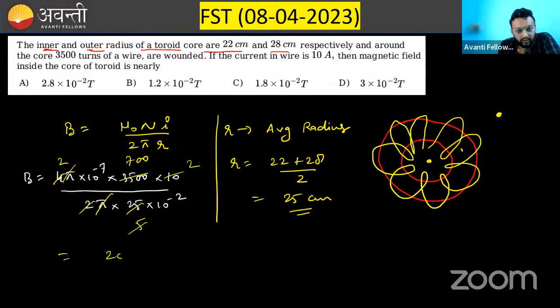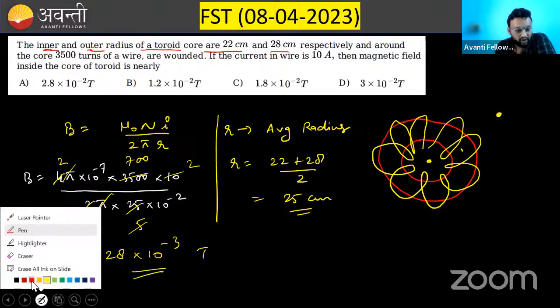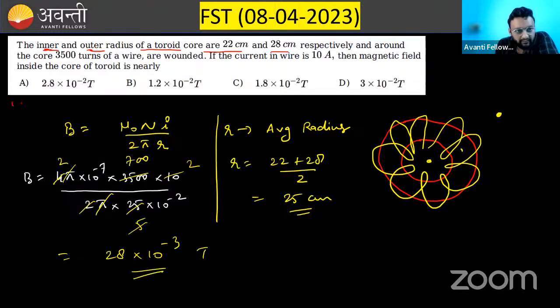So that will be 28 into 10 raised to the power minus 3. 28 into 10 raised to the power minus 3 Tesla, that will be the field. So if you see which option is correct, option A will be correct: 2.8 into 10 raised to the power minus 2. This is the correct answer. Is it clear, everyone?